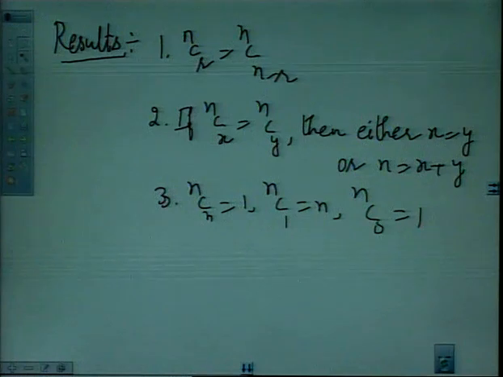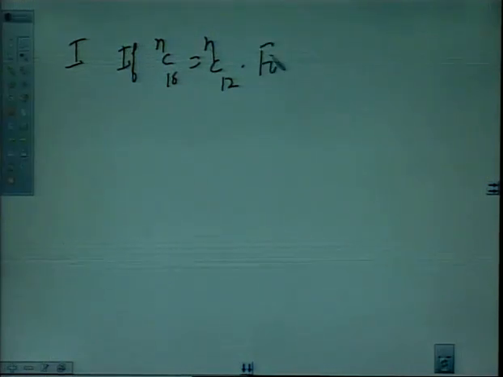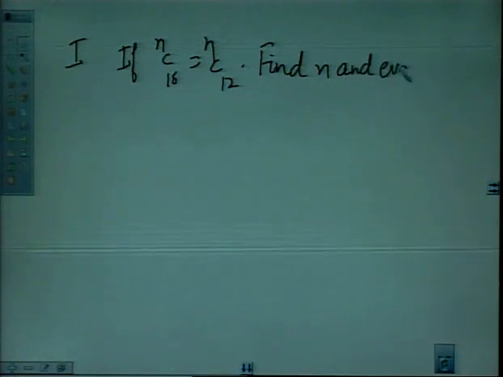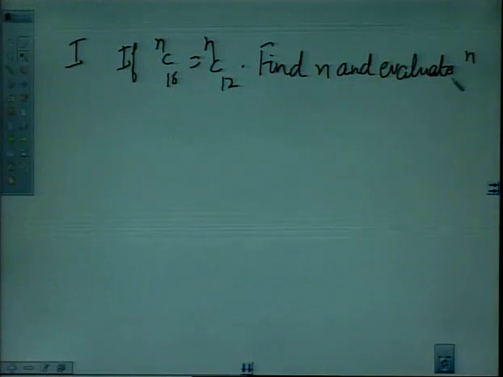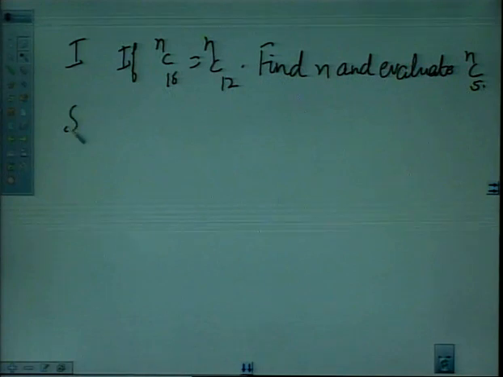Now, let us do the first question of combination. If nC10 is equal to nC12, find n and evaluate nC5. What is the question?